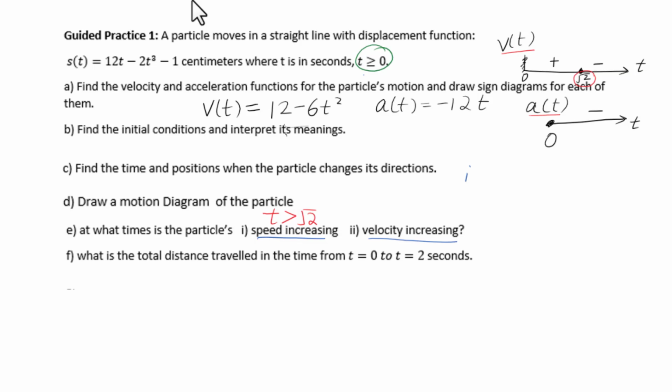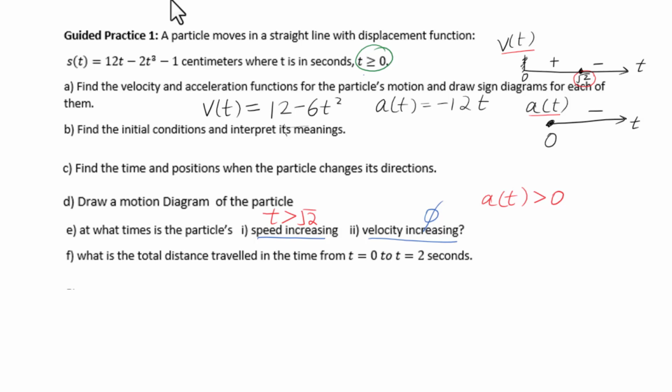Velocity increasing means we need acceleration greater than 0. From the sign diagram, acceleration is always negative, which means velocity never increases. So t is an empty set.